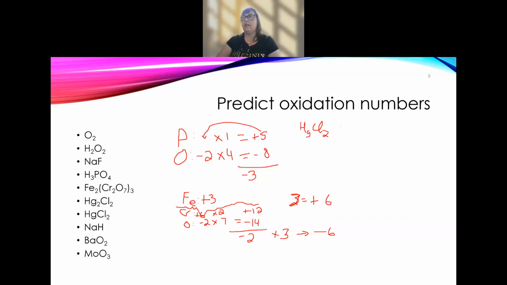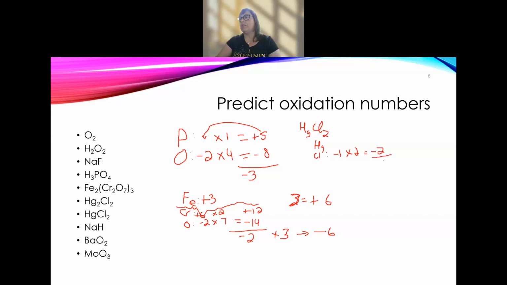Now I know that Cl is going to be negative 1 unless it's bound to an oxygen in an oxoanion. So my Cl is going to be negative 1. I have 2 of them. It gives me a total of negative 2 for the charge there.